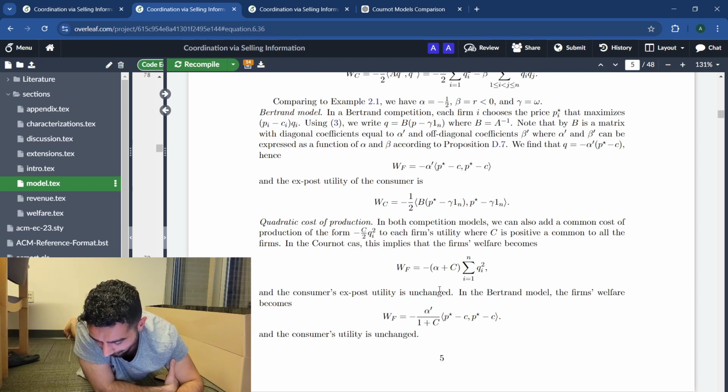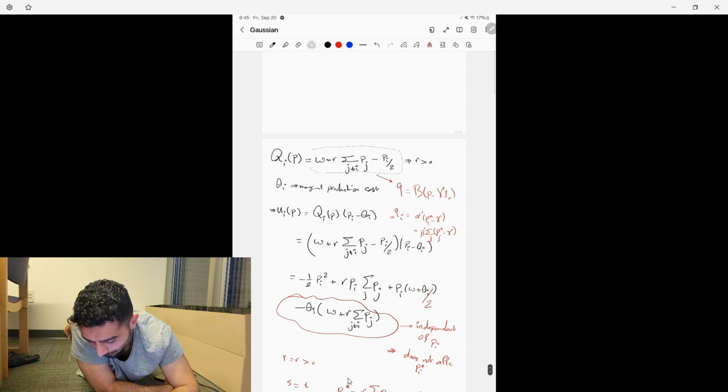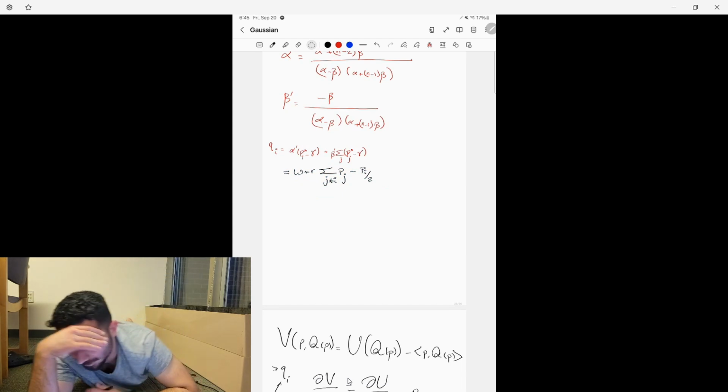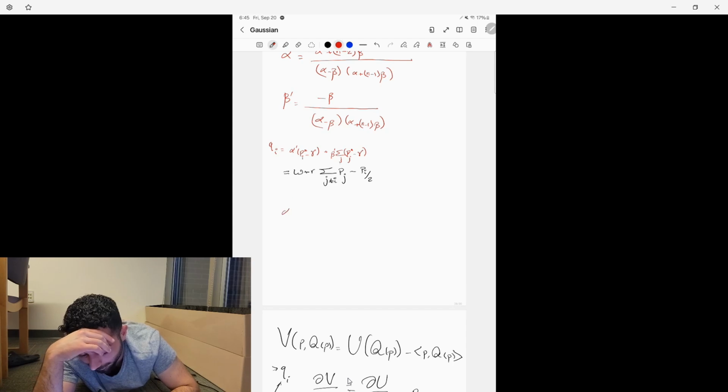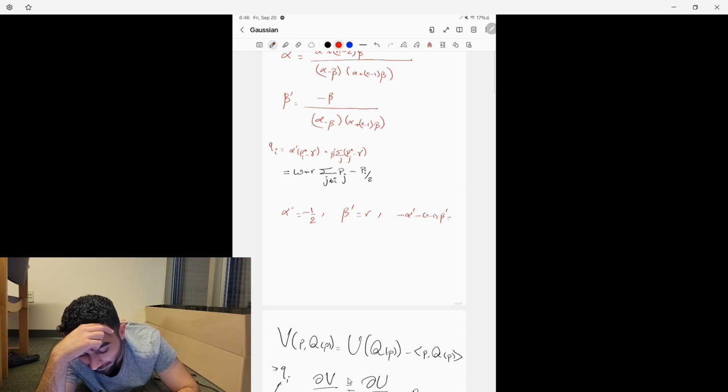We have this formula and the other one is this formula. These two are equal, so alpha prime should be minus 1/2 and beta prime should be R and minus alpha prime minus n minus 1 beta prime should be 1.